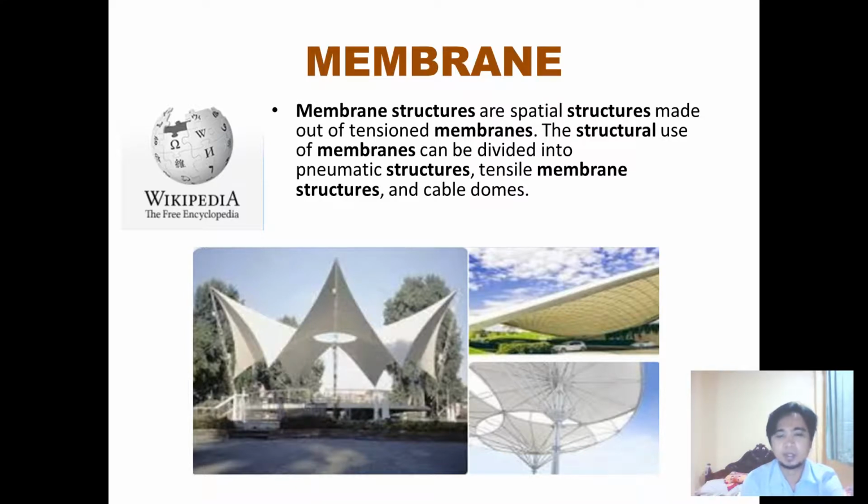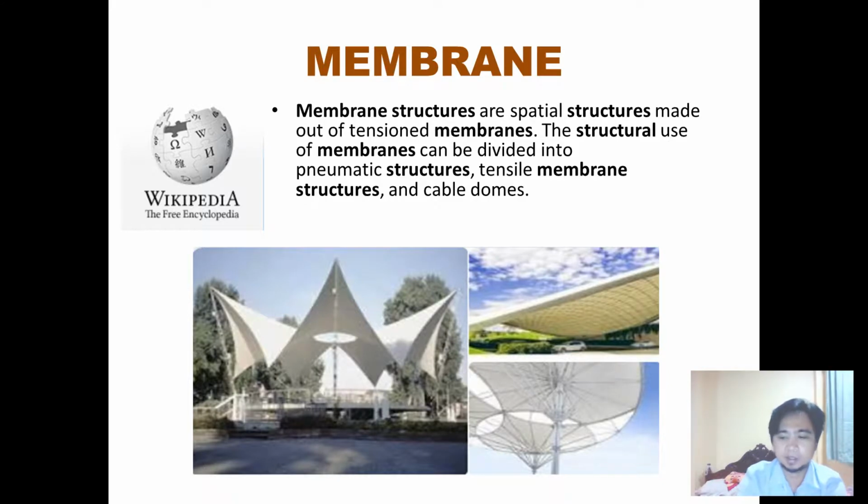The feature of it is we could build a structural or architectural wonder, as we can see in the picture. And of course, a certain light material such as a membrane would only require a light material for its framing system.